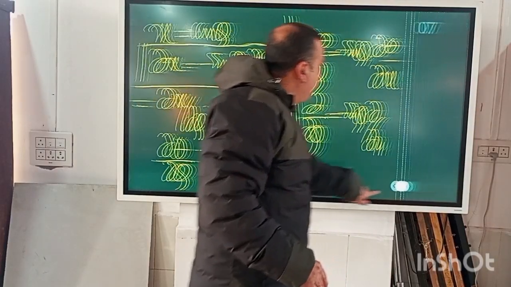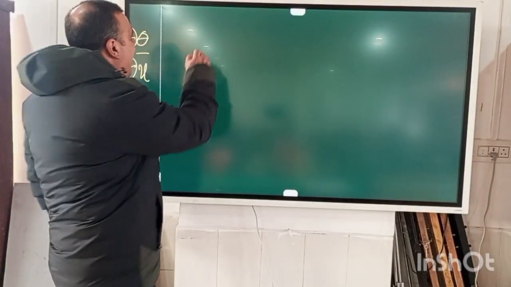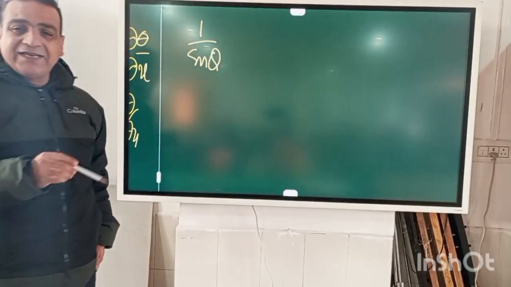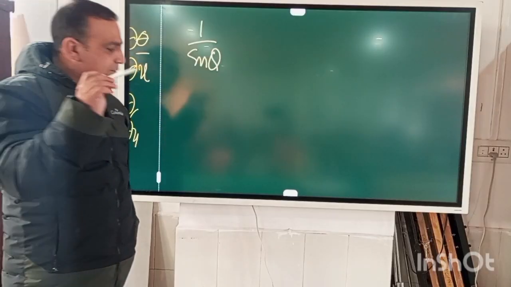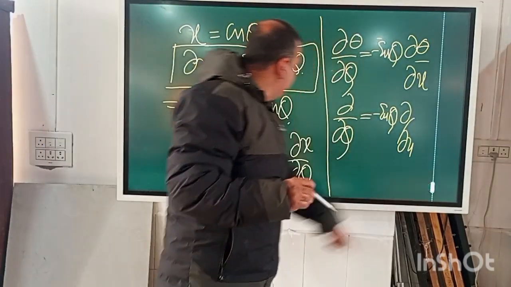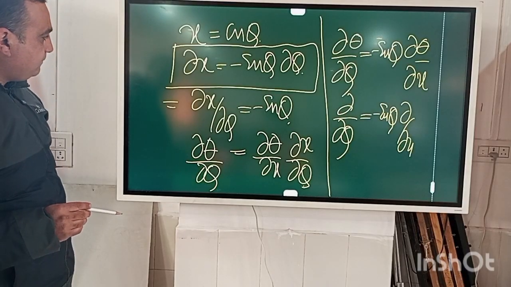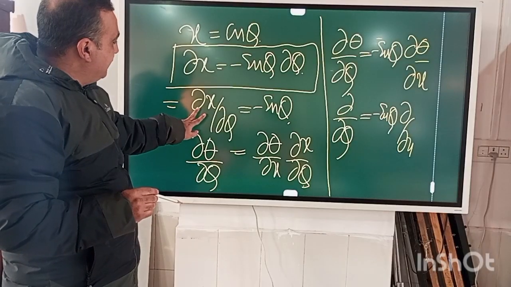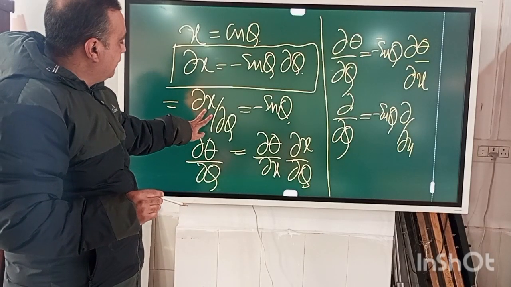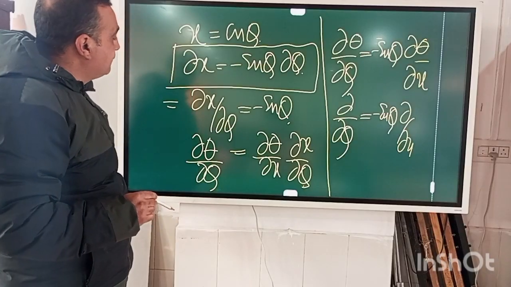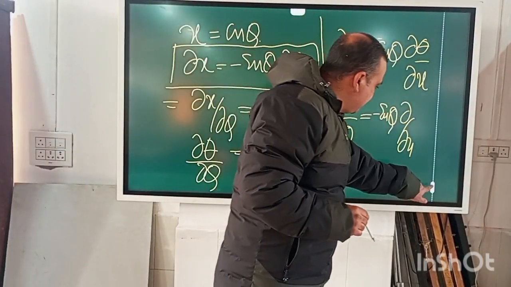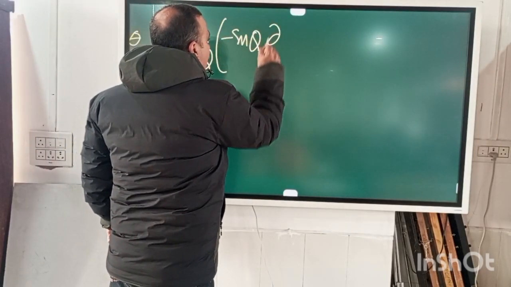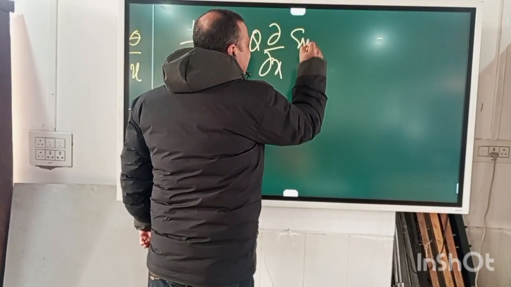I have 1 by sine theta out. Then I have dou by dou theta of sine theta. What is that? It is minus sine theta dou by dou x. Then you have the original sine theta.